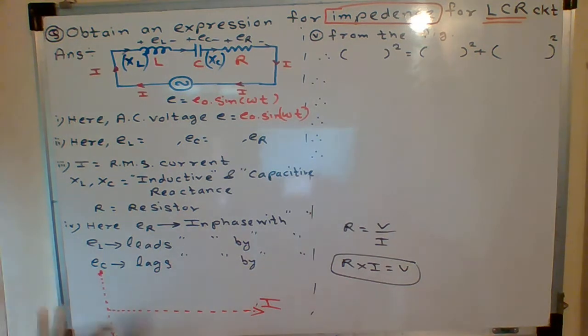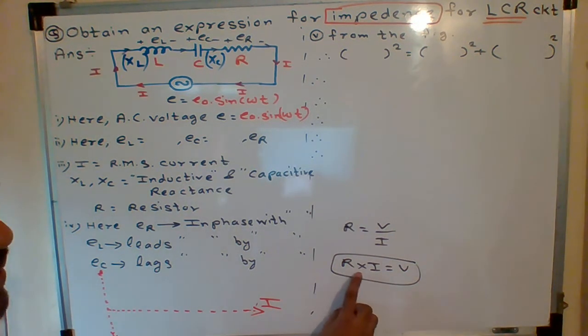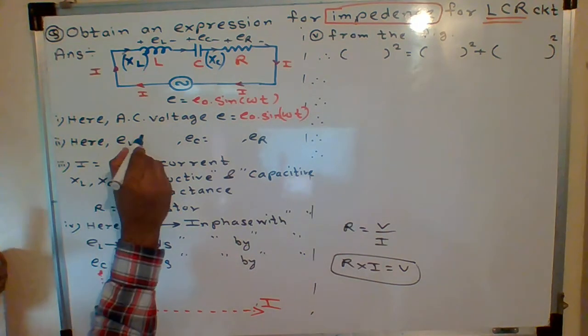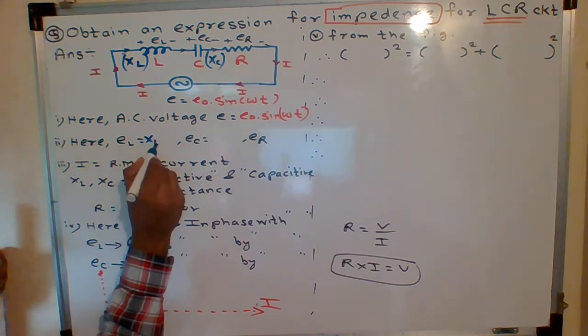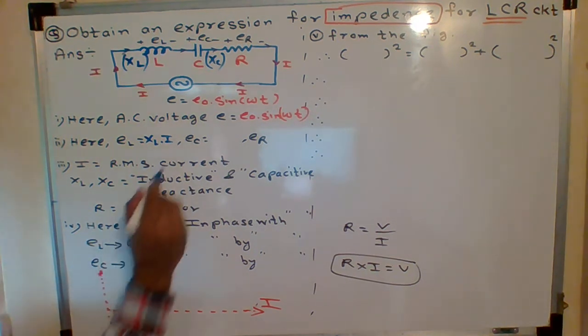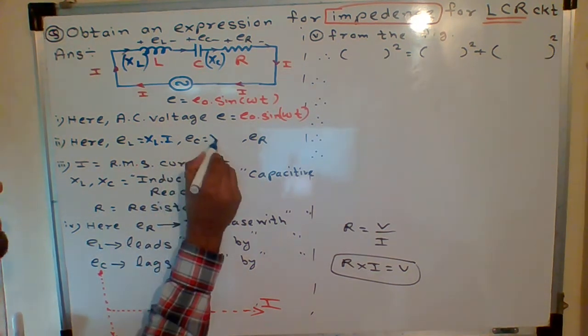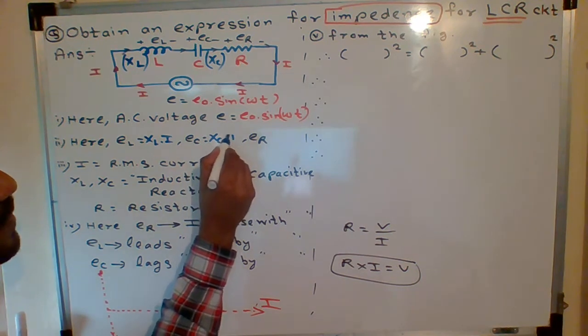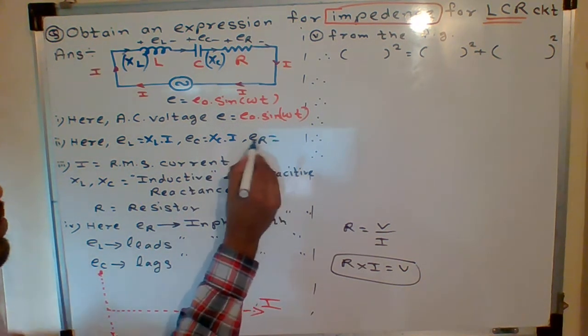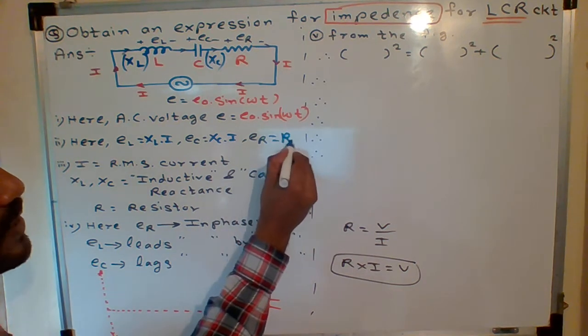So students, according to the formula, voltage equals resistance multiplied by current. The resistance for the inductor is XL, multiplied by current will give us voltage. Similarly for EC, the formula is XC multiplied by current. And the voltage across the resistor is R multiplied by current.